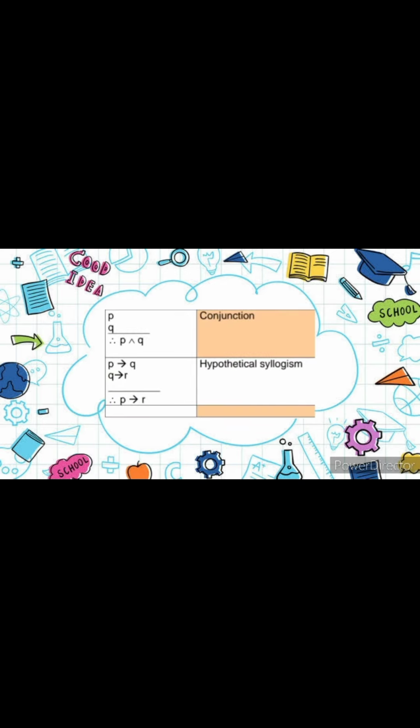The sixth one is P → Q and Q → R, therefore P → R, and that's called hypothetical syllogism. And the last one is P or Q and ¬P, therefore Q, and that's called disjunctive syllogism.